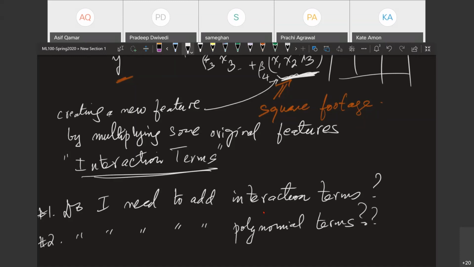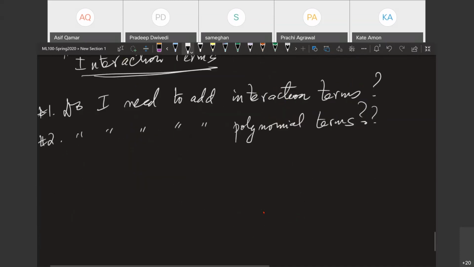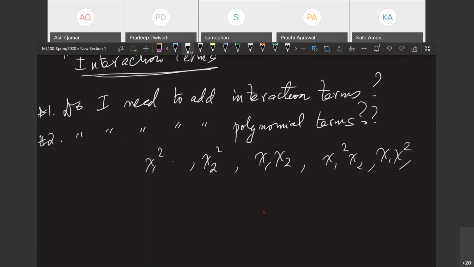You realize that polynomial gets even more interesting because you can have, for example, x1 square, you can have x2 square, and you can have x1 x2 as an interaction, second order term, isn't it? And you can even have x1 square x2, you can have x1 x2 square, and so forth.